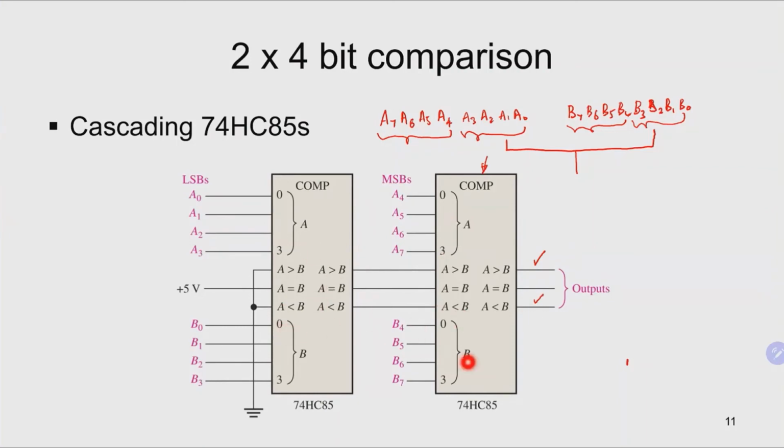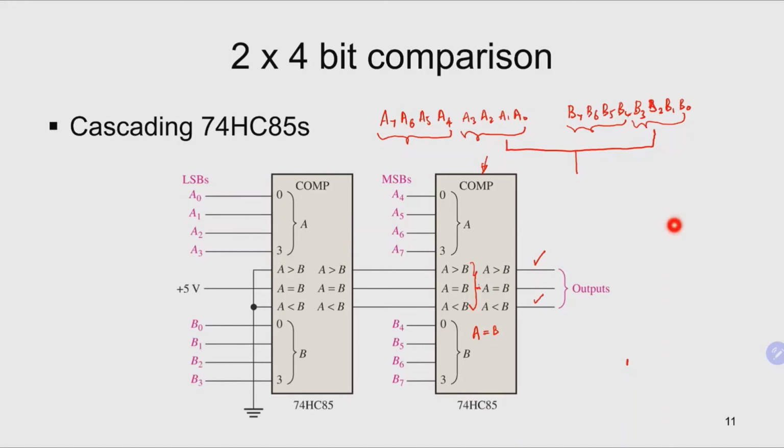But if A and B are the same in this comparison, then you take from this output to determine whether A is greater, or A is smaller, or A is the same as B. Okay, so that is how two comparators are connected together or cascaded.